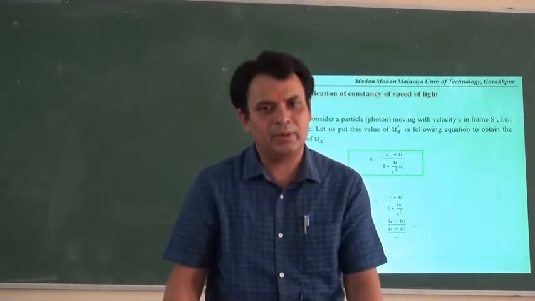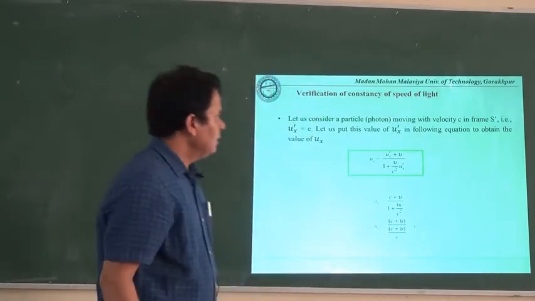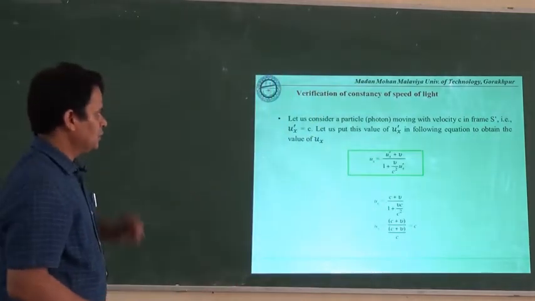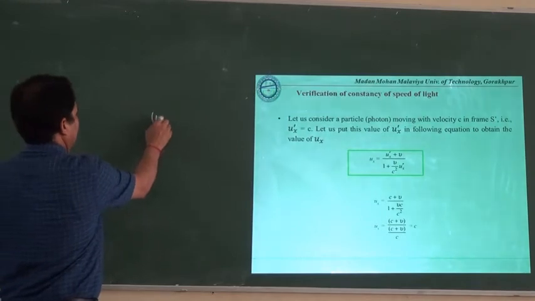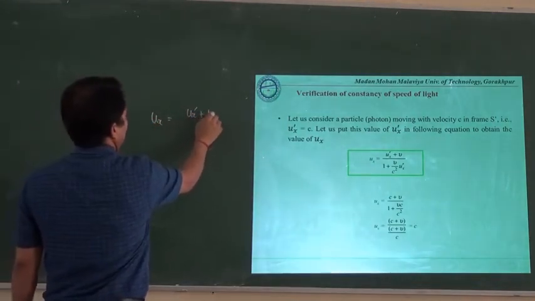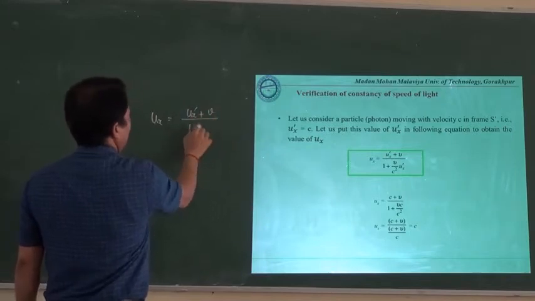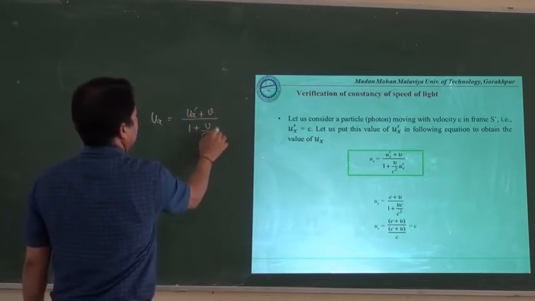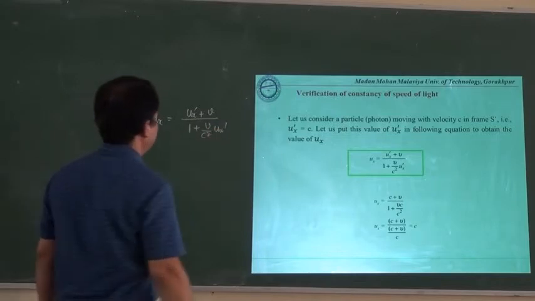It will never be c plus v or c minus v. That can be verified from this expression we have derived for the x component: ux is equal to ux dash plus v divided by 1 plus v upon c square ux dash.